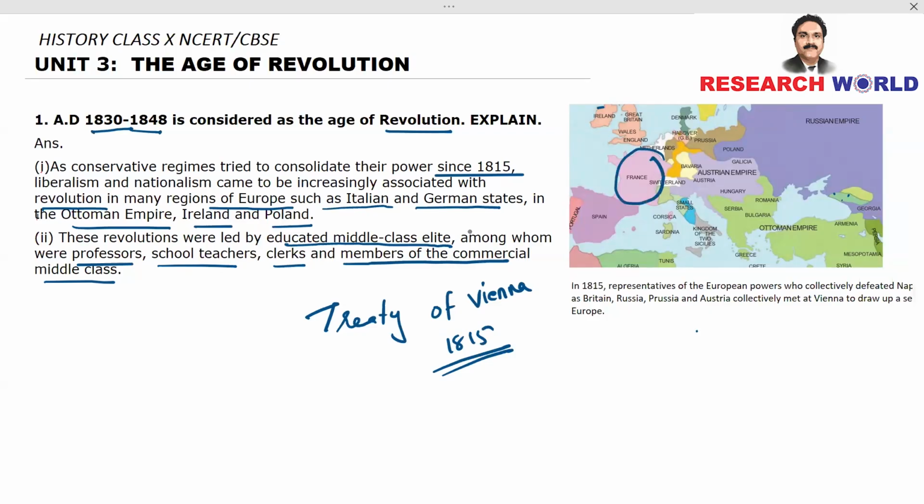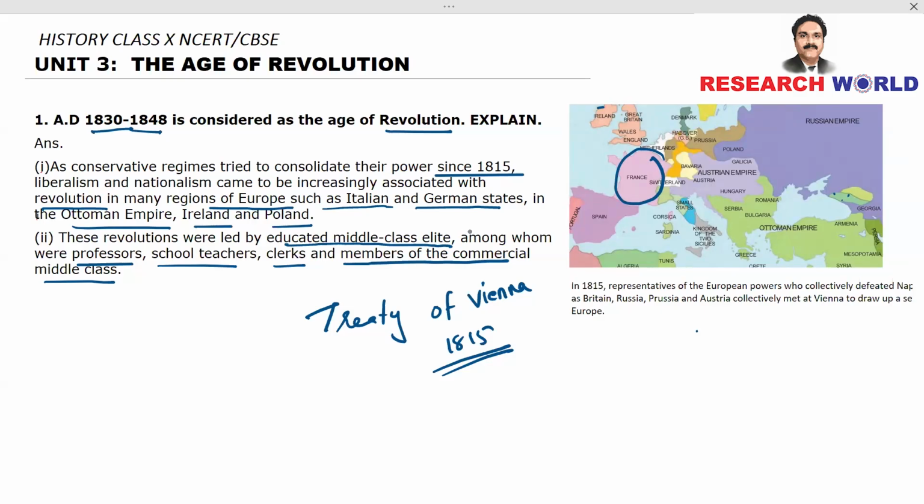Many of the countries or territories annexed by Napoleon were again taken back, and the conservatives started wielding more power. Conservatives came back to power, and the King of Bourbon was reinstated, etc. We have studied that.